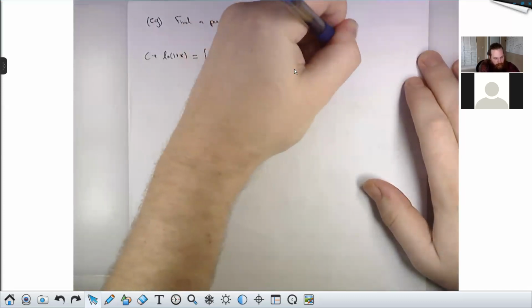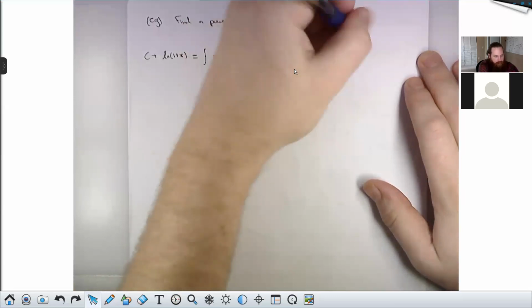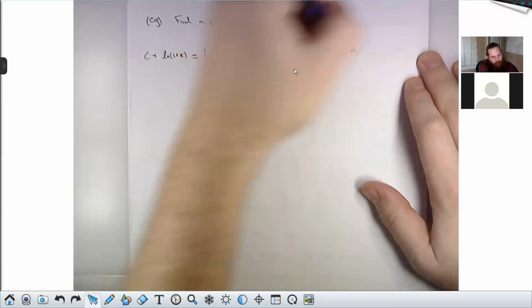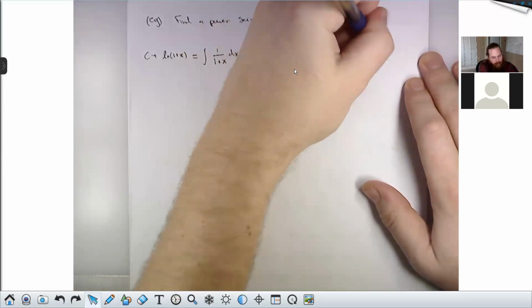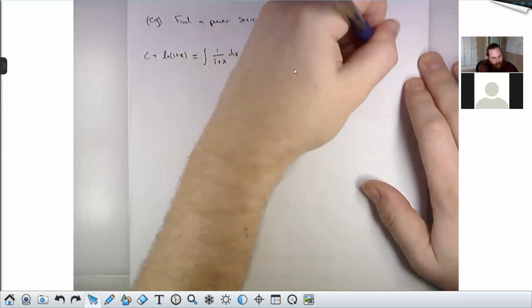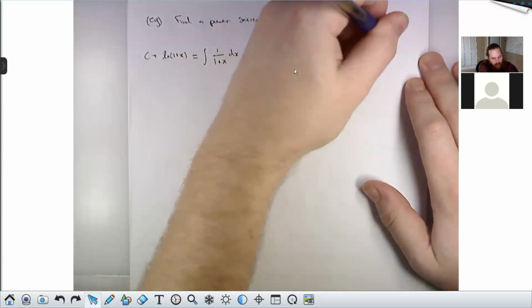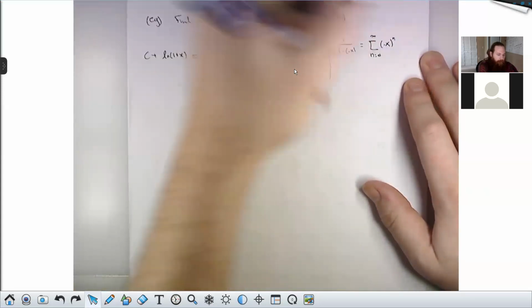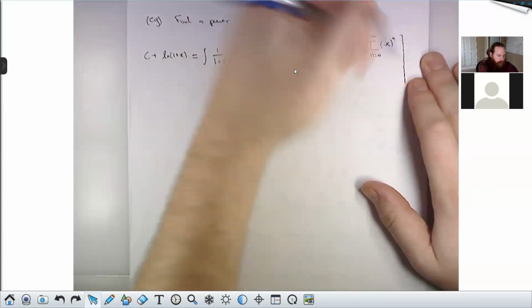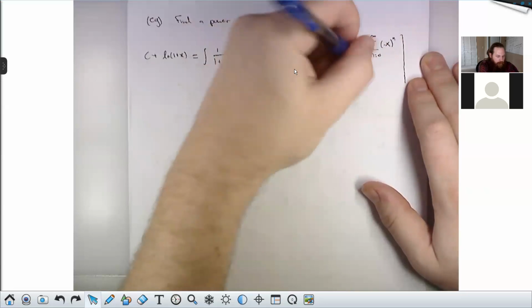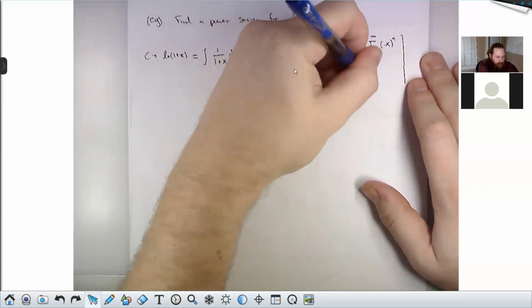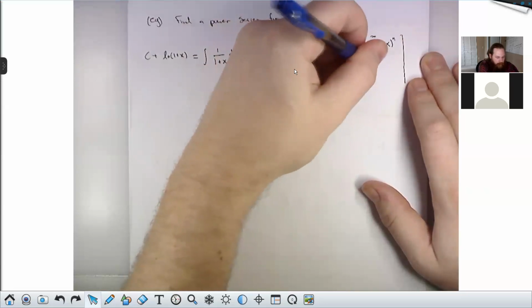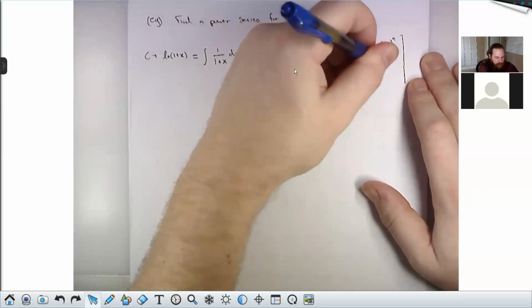One over 1 minus negative x here off to the side, that's sigma n from 0 to infinity negative x all to the n, which is the same as sigma n from 0 to infinity negative 1 to the n x to the n.